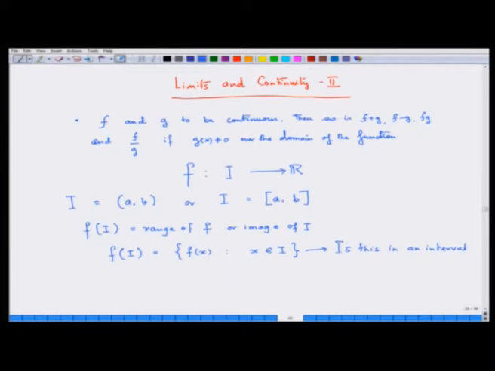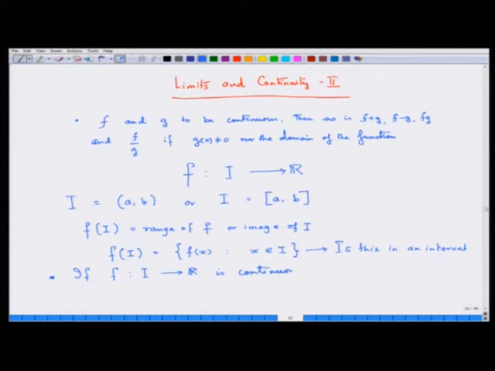The important result is the following, that if f from I to R is continuous, that is continuous at each and every point.